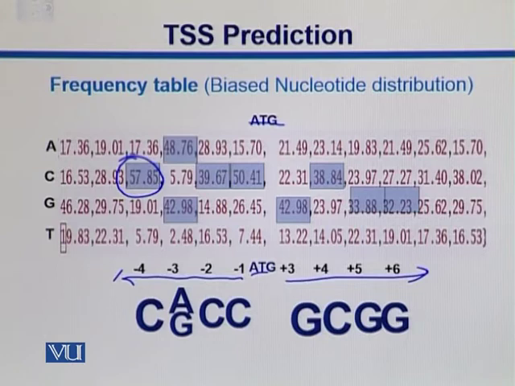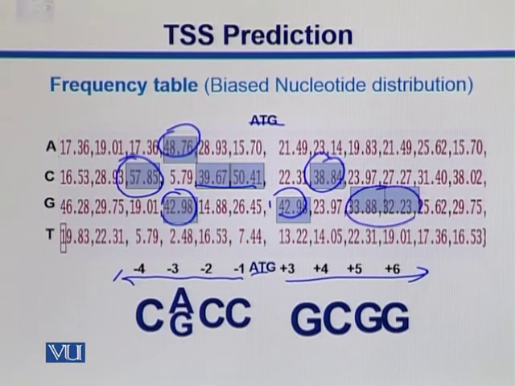At position -3, A and G are somewhat comparable, and then we have C's here. If we look at +3, we have G's, C, and again G's here. So this is how we can come up with the frequency of some nucleotides around these start sites.